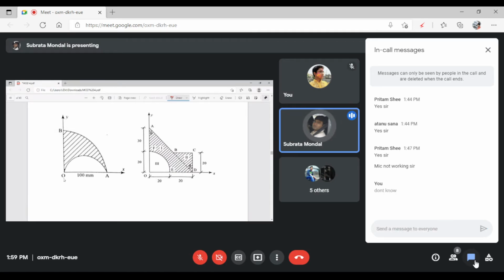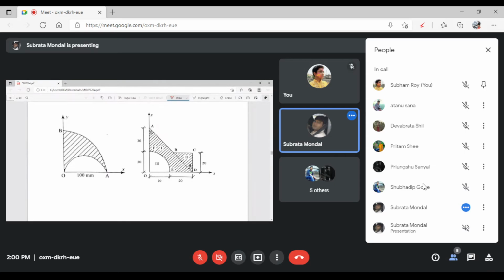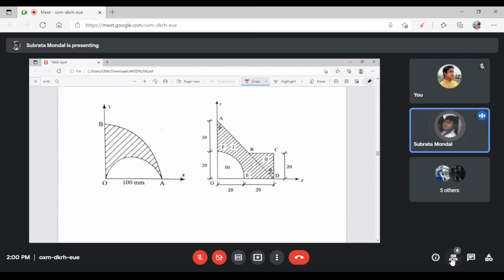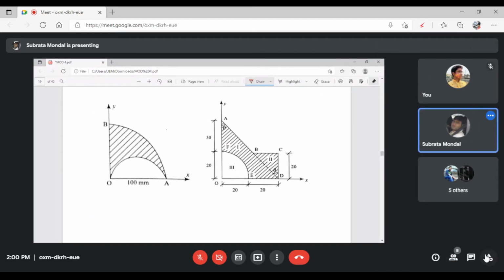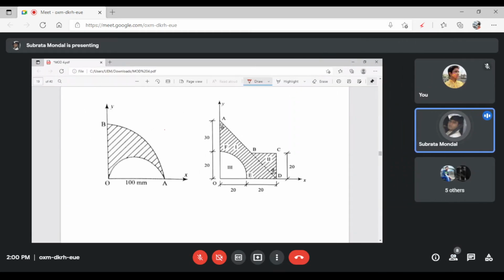Why are you people not able to solve this? We have already discussed this particular problem in our first year.